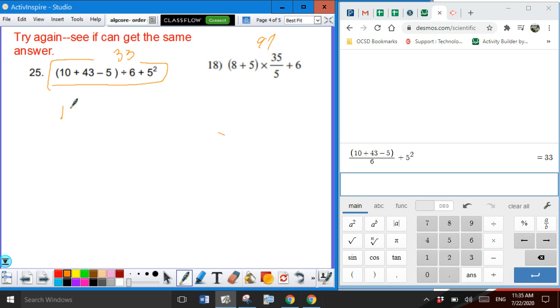Okay, so it took 10 plus 43 minus 5, and it put it over top of the 6, because that's what division is. A division is a fraction. Okay, why don't you take a minute, see if you can put the next one in your calculator just like you see it, and see if you can get the right answer.